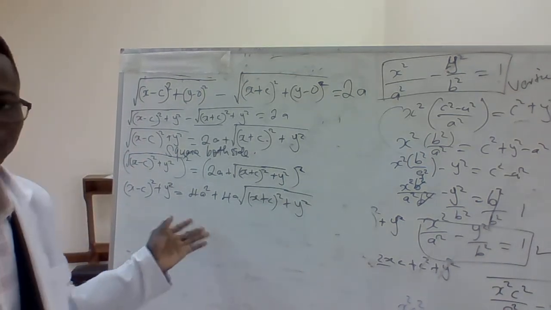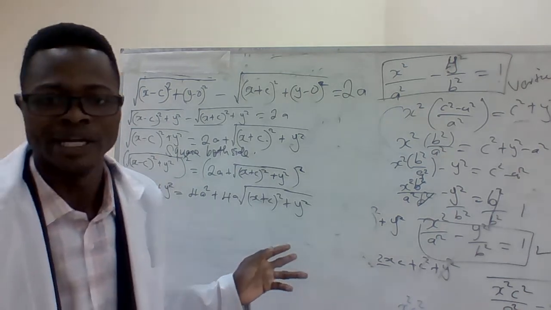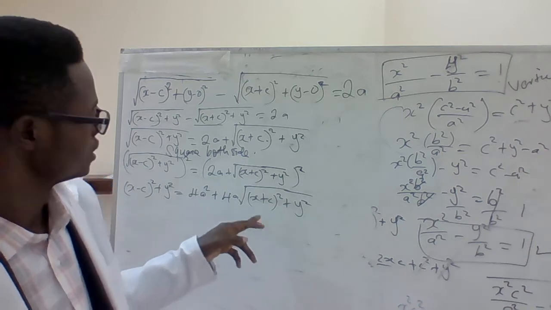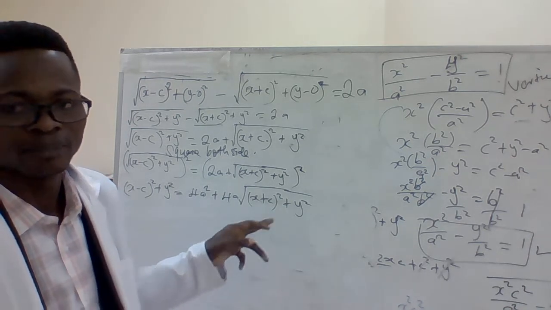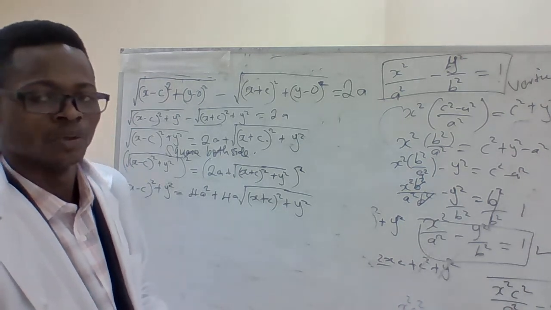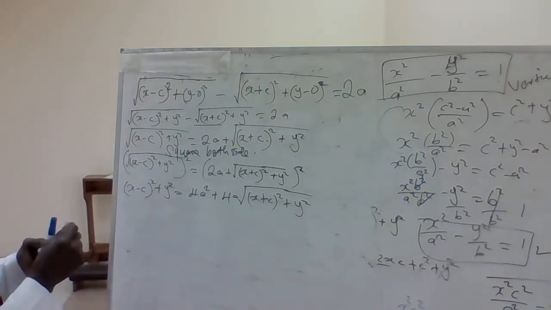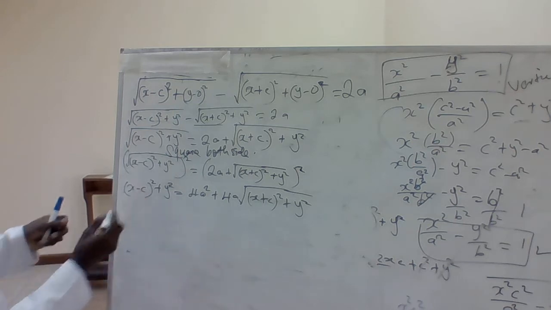This is just applying binomial so that we are able to open up this bracket. We have applied a little binomial. So now we can try to do a little more of opening the bracket.